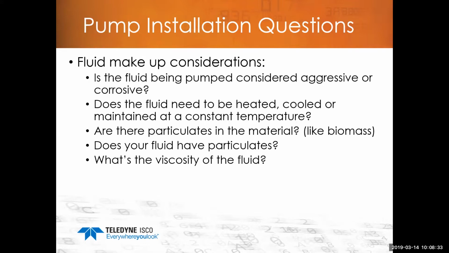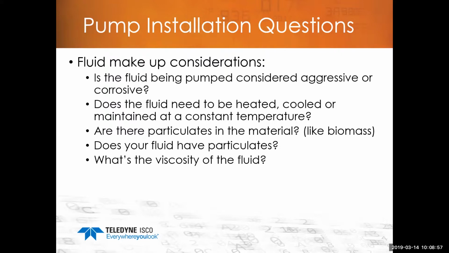Are there particulates in that material? When you're talking about materials like biomass that have particulates or some types of pieces in them, that can clog up the working mechanism of the internals of a pump, whether it be a syringe pump or a reciprocating pump, etc. Especially if there are check valves involved. Check valves get stuck a lot from viscous materials or sticky materials.